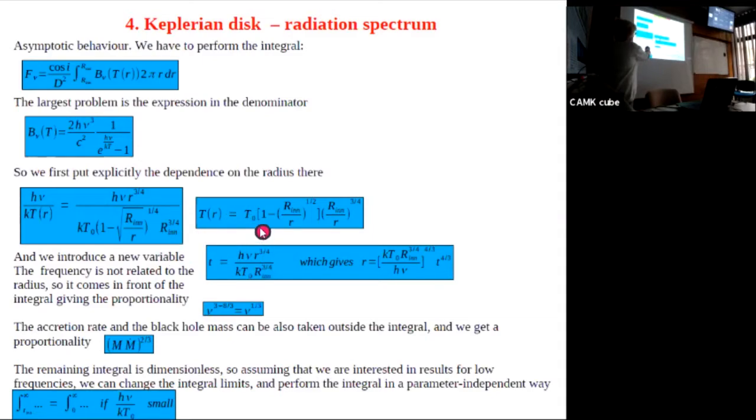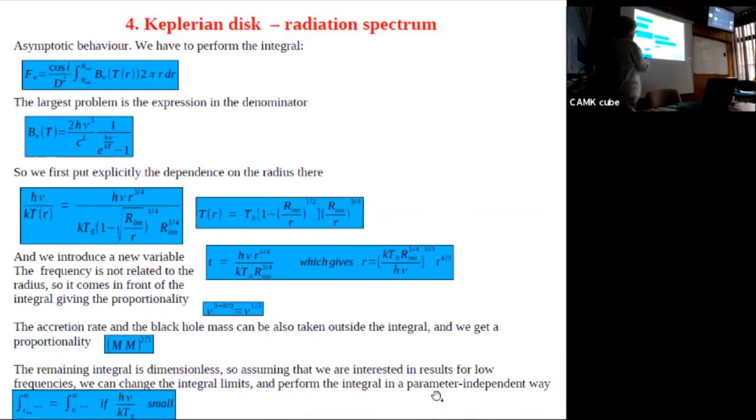Then to simplify somewhat, T0 is introduced, which stays in front and simplifies things a bit. So this is a new coordinate, and that allows us to write e to t minus 1 here. On the other hand, now the integration, instead of being done over R, has to be done over this new parameter t.